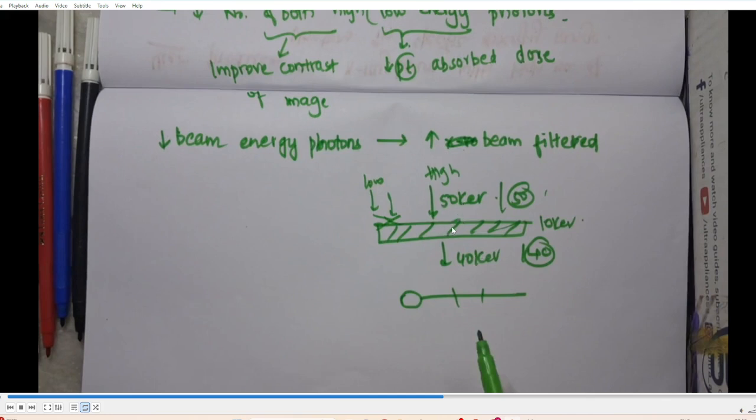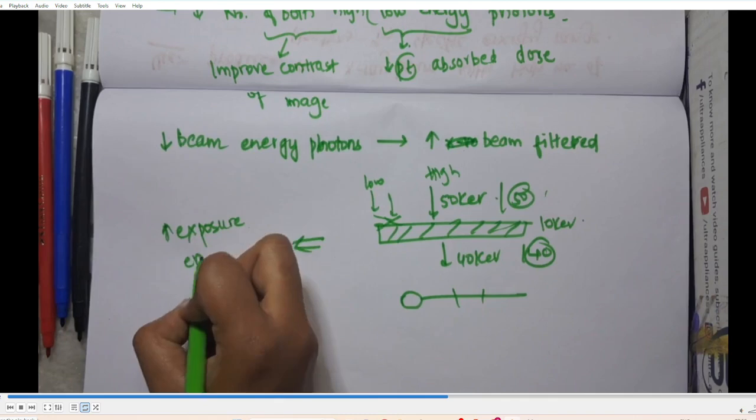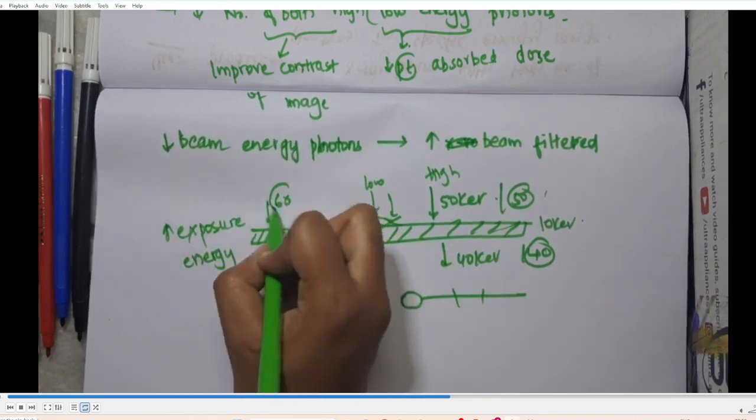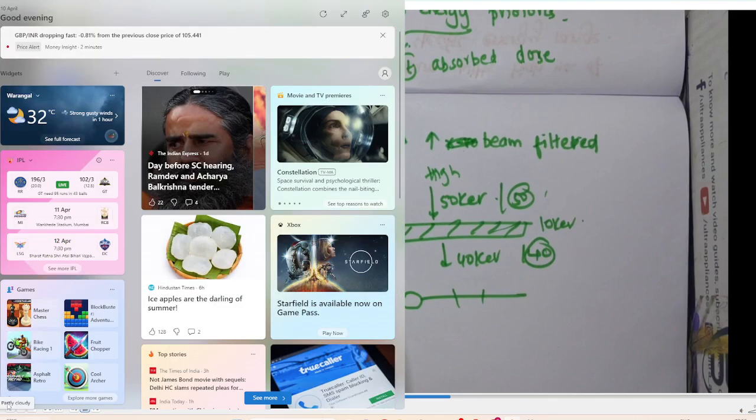Somehow a part of it is absorbed and the rest of the radiation can travel through the filter and reach the patient. So there is increased exposure energy, because this filter will cause some loss of 10 kilo electron volts. So for the patient to receive 50 kilo electron volts, we should increase the energy to 60 kilo electron volts.